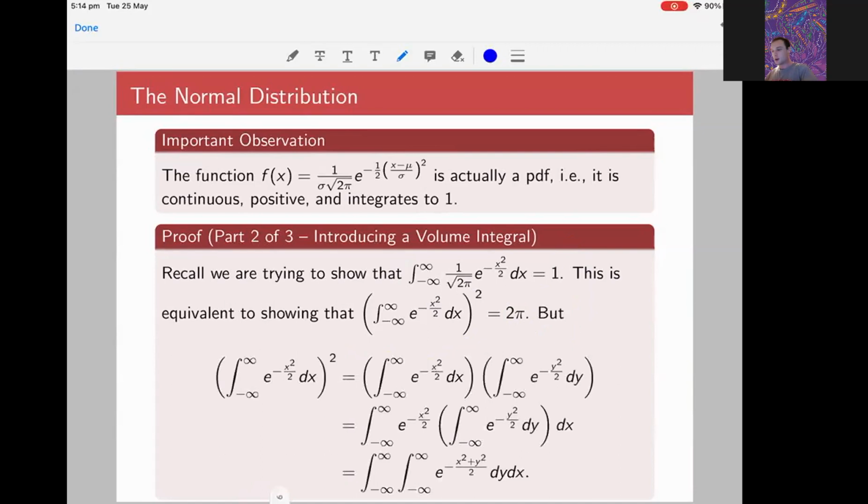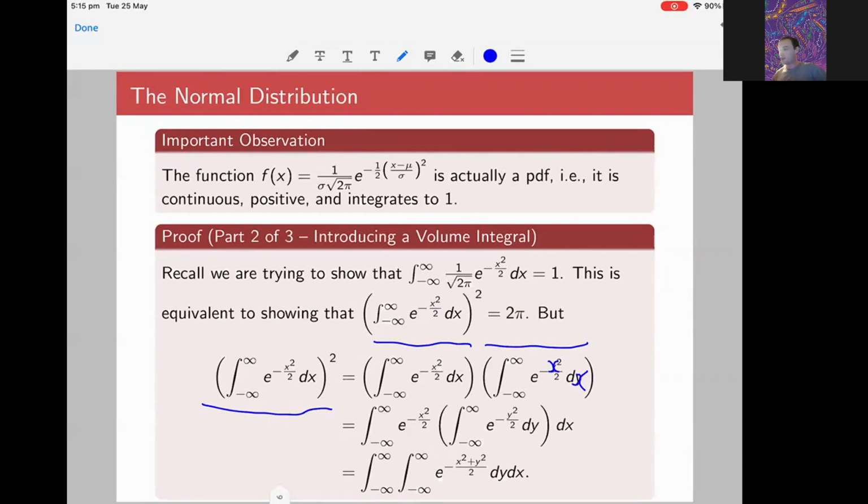You say, well, if I'm integrating something and then I'm squaring that result, that's the same as doing that integral and then multiplying it by that same integral again. So integral e to the minus x squared on 2 dx, integral of e to the minus y squared on 2 dy. Now, originally when we wrote this, we would have written this as e to the minus x squared on 2 dx.